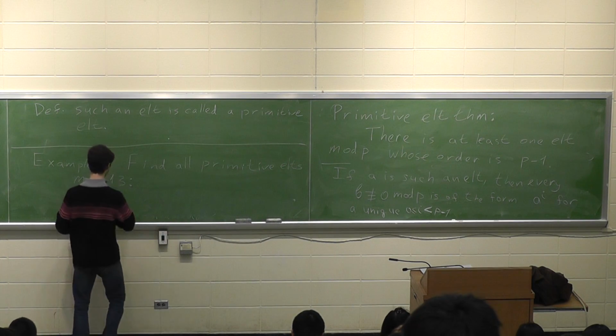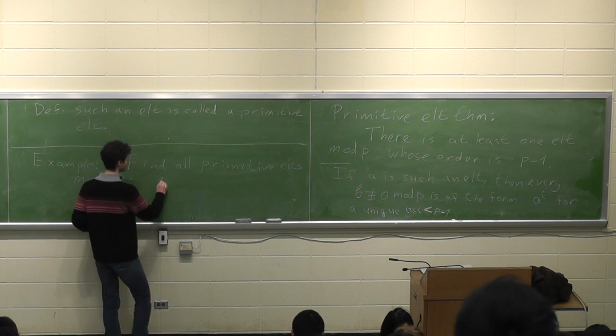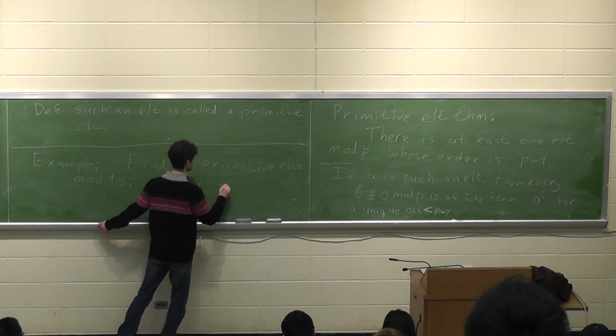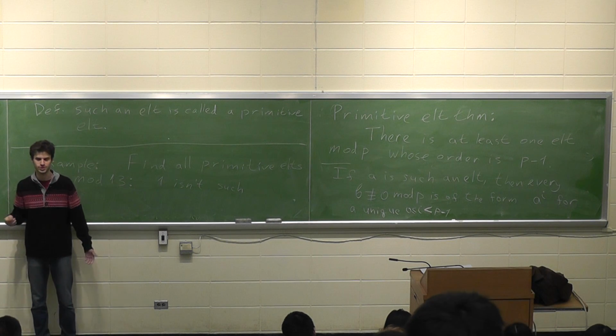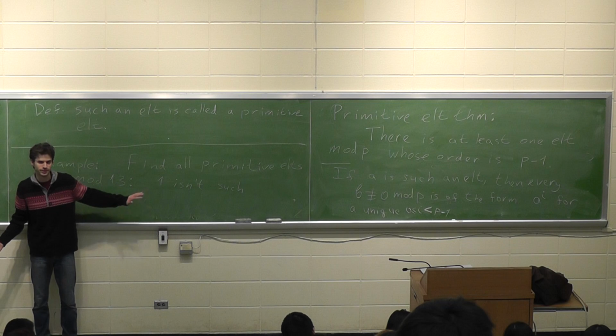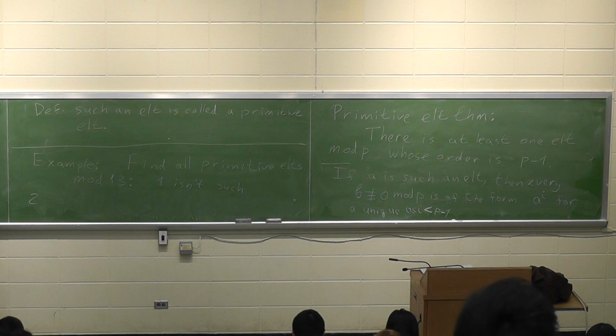So let's try. One isn't a primitive element. Quite obvious. 1 to the power 1 is already 1, and so its order is equal to 1. With 2 it's more interesting. So try 2.